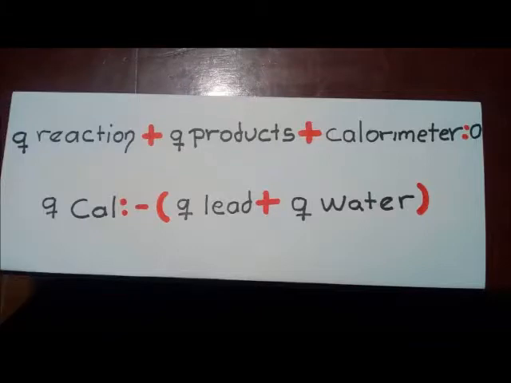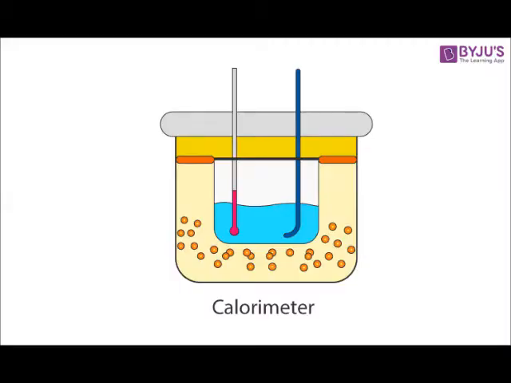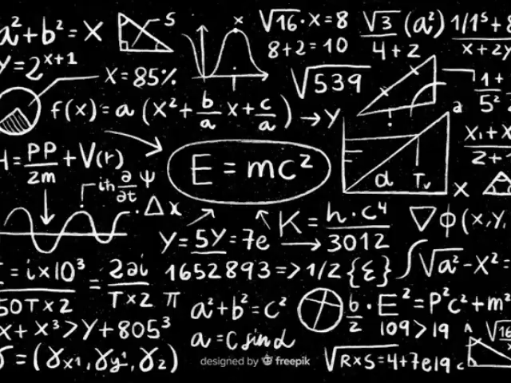However, the calorimeter is also necessary for the calculation, and this results in the following equation: Q reaction plus Q produced plus Q calorimeter equals 0. The other way to write this equation is Q cal equals minus Q lead plus Q water.